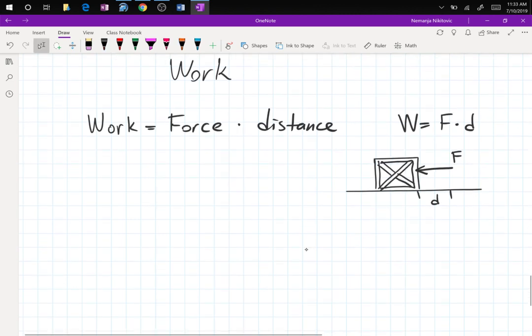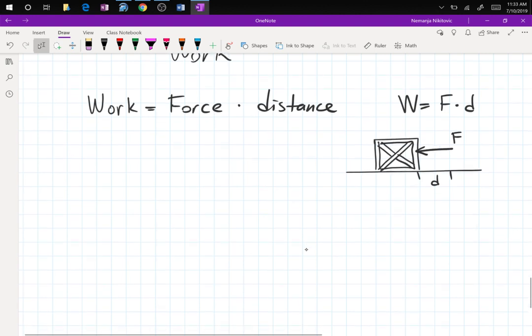But we have inclines, we have forces that come to the box at an angle, we have all of these other things that make this calculation impossible with a formula so basic. So we actually want to define work still as force times distance, but now these two are vectors.